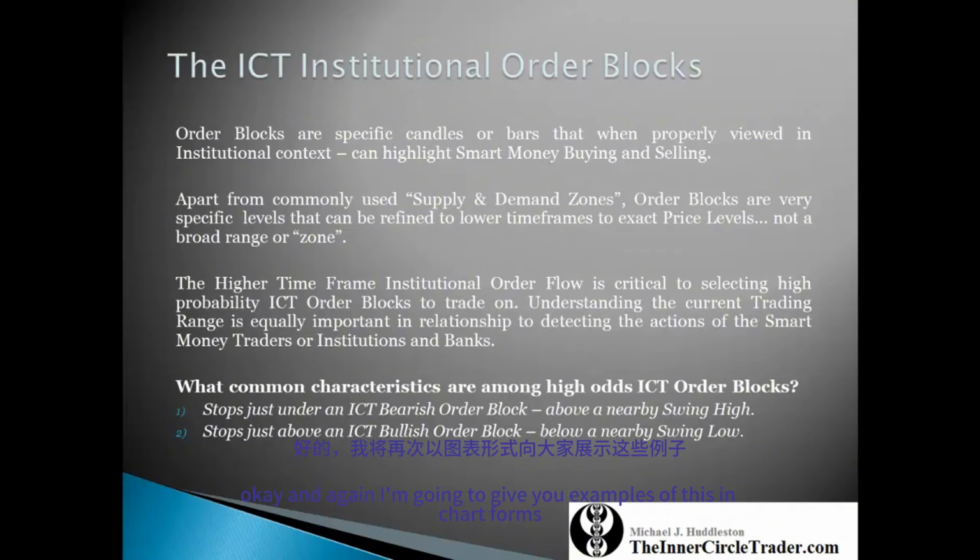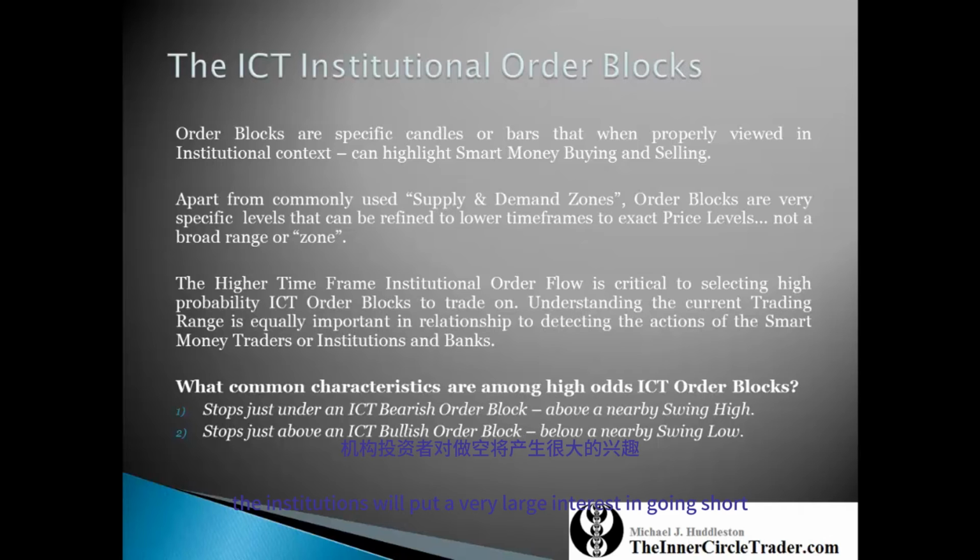And again, I'm going to give you examples of this in chart form, so if I'm confusing you now, just understand that these are the notes that you should have in your collection, because this is what we have to build the idea of, to ascertain high odds order blocks. But if a short-term low or swing low forms in the overall retracement of that impulse move off of a support level, then what we described as the bearish order block high odds candidate will be reversed here.